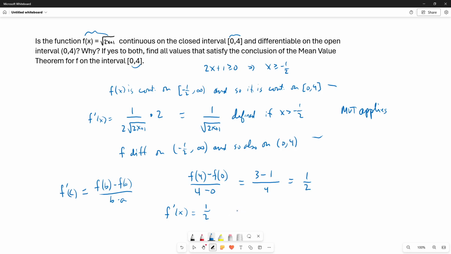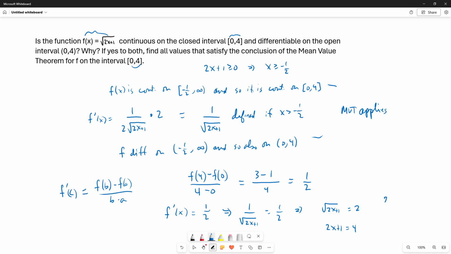So we already calculated the derivative. It's 1 over the square root of 2x plus 1. That's equal to 1/2. So taking the reciprocal of both sides says that the square root of 2x plus 1 is equal to 2. Square both sides. 2x plus 1 is equal to 4.